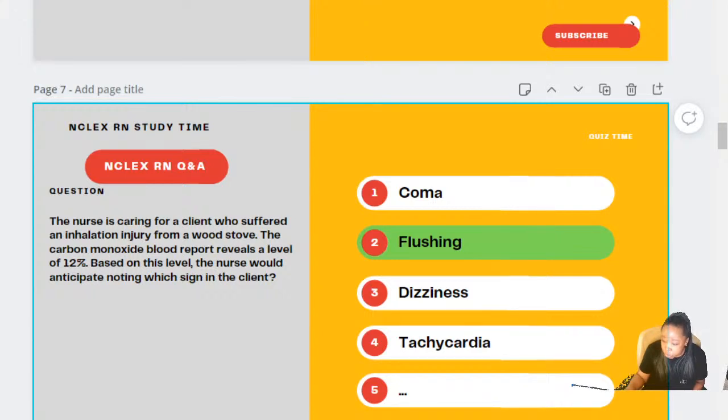Levels of 21% to 40% result in nausea, vomiting, dizziness, tinnitus, vertigo, confusion, and even drowsiness. A level of 41% to 60% results in seizure and coma.